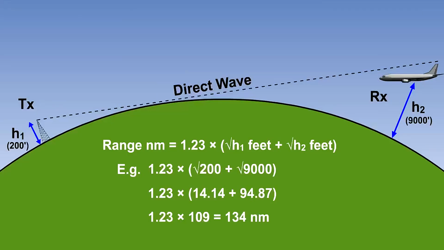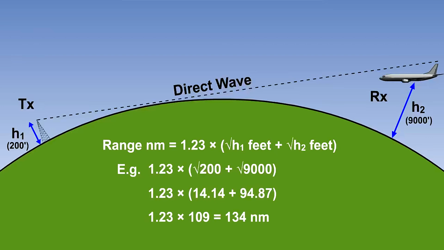Several factors affect the range of VDF transmissions. As VDF utilizes the VHF band, or sometimes the UHF band, the range in nautical miles will obey the line of sight formula of 1.23 times the sum of the square root of the height of the receiver in feet and the square root of the height of the transmitter in feet.